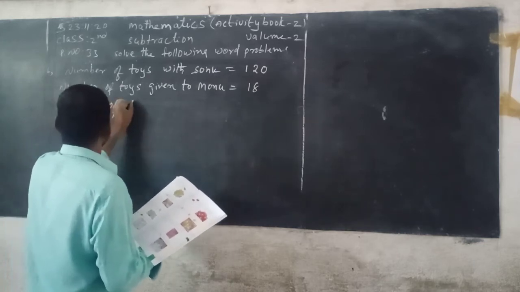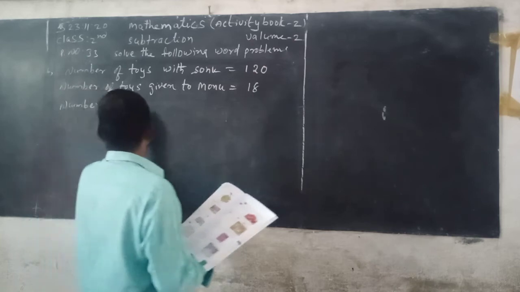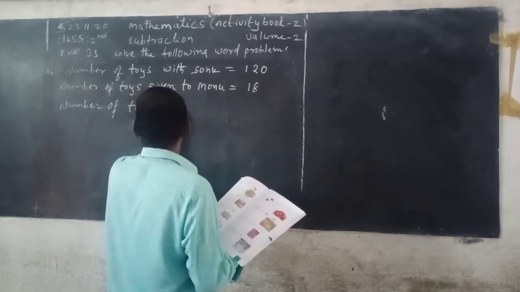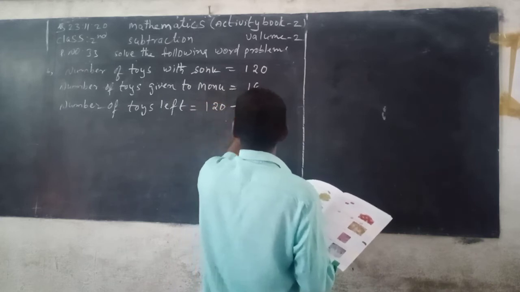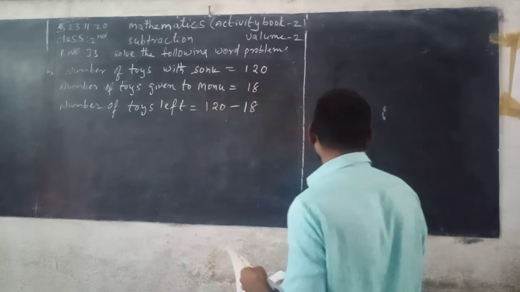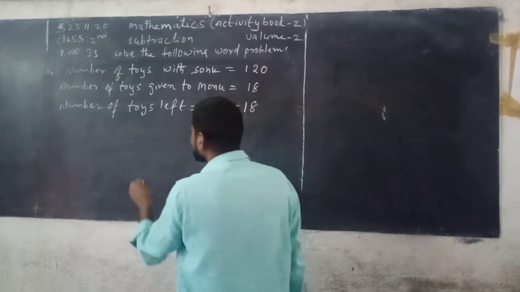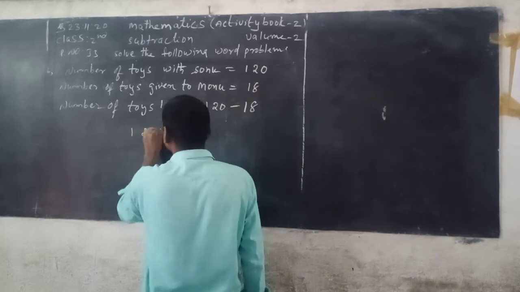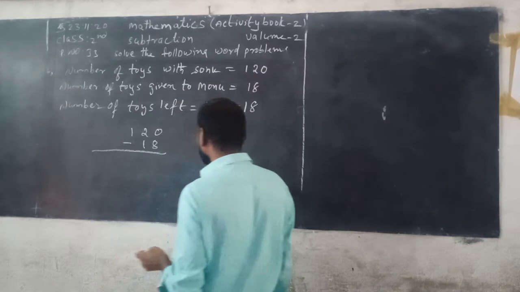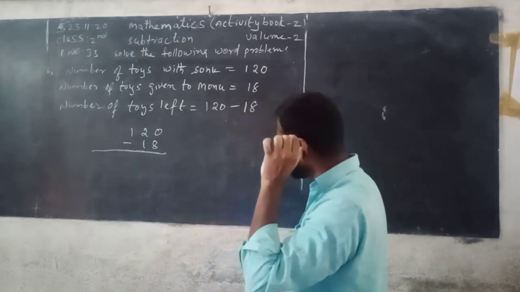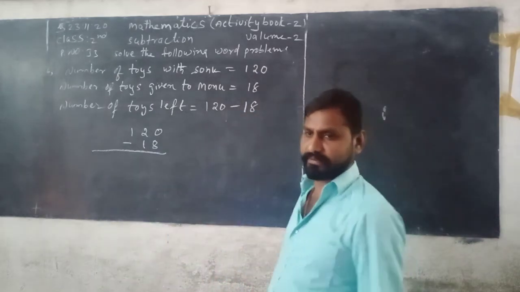Number of toys left is equals to 120 minus 18. The given number write in column wise according to their places. 120 minus 18. See here, first subtract the digits in one's place. That is 0. 0 minus 8 possible, beta? Not possible.